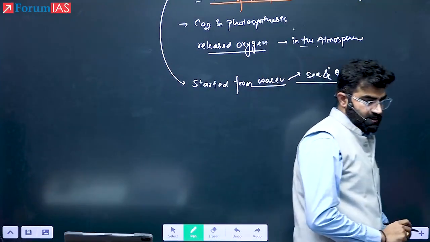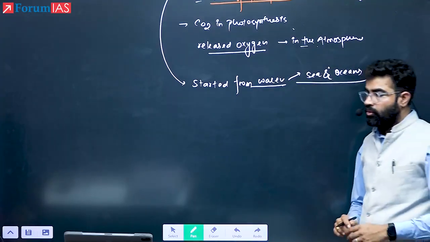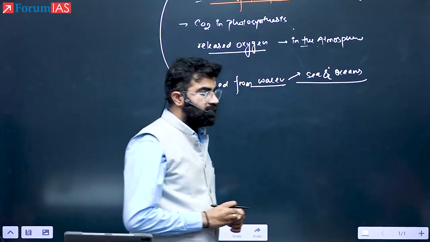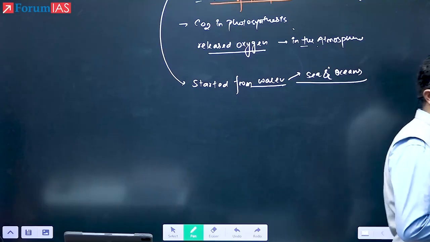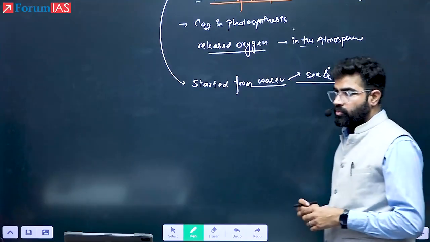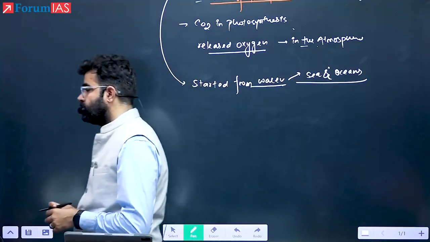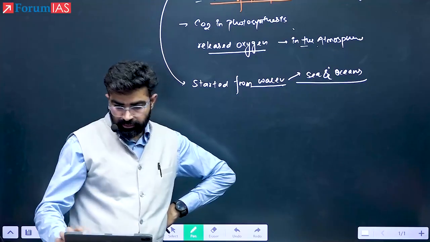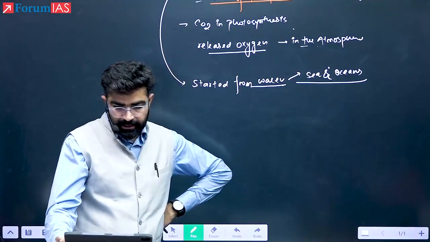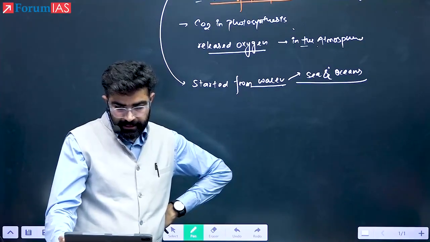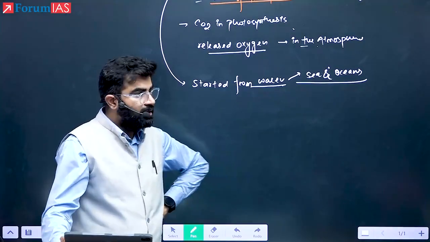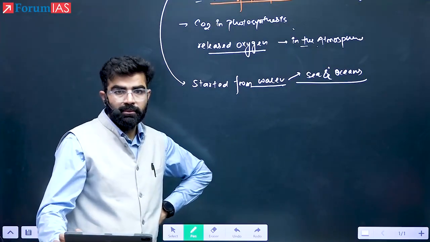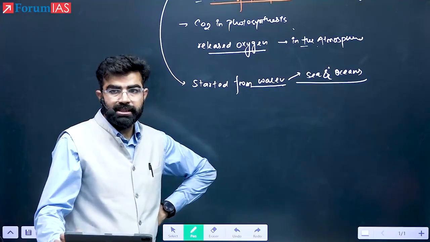It is considered that initially the origin was chemical in nature. That is, with chemical reactions, life form evolved. And later, biological organisms emerged.